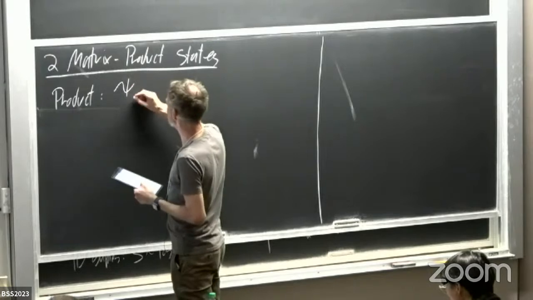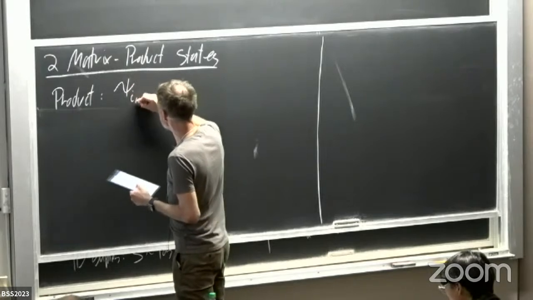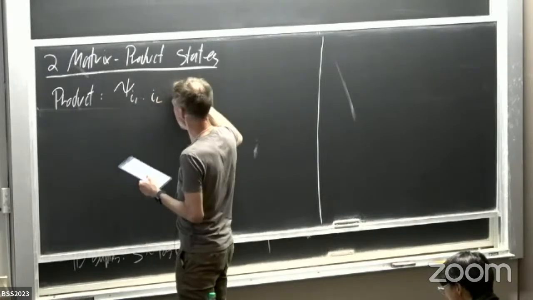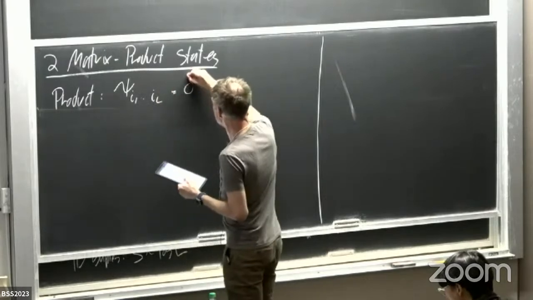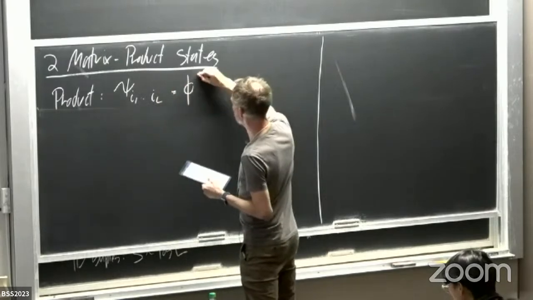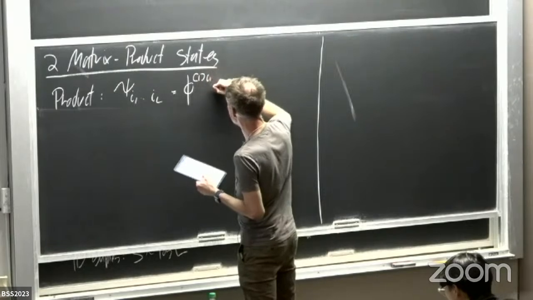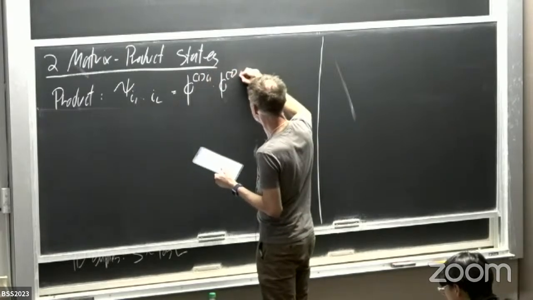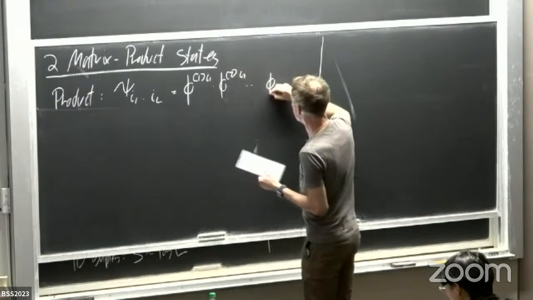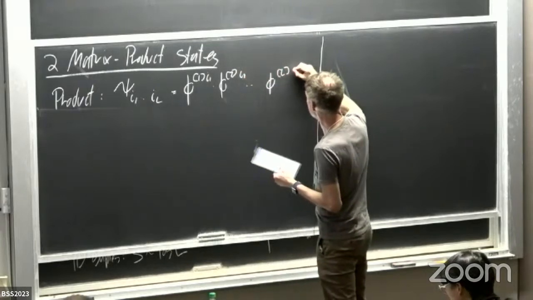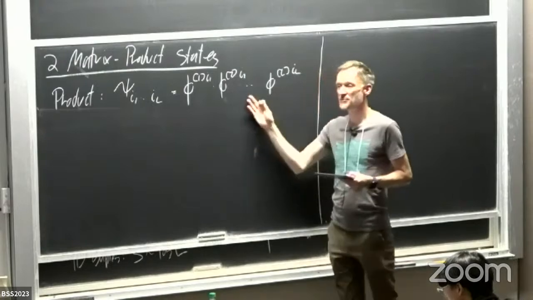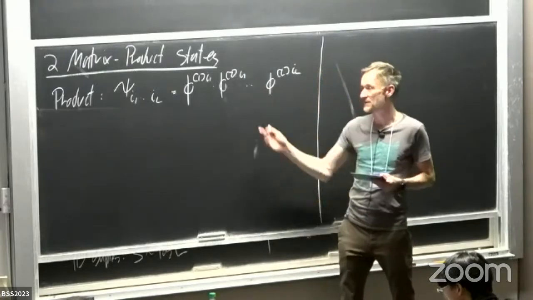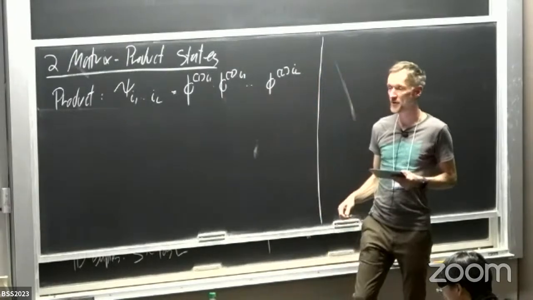Then all you have to do is express the amplitudes in your many-body wave function as a product: phi1 of I1 times phi2 of I2 up to phi L of IL. This would be just an ansatz for your wave function in terms of a product state.